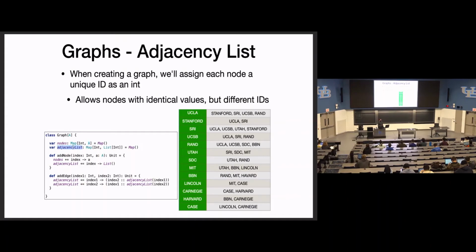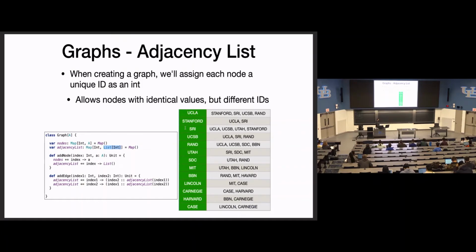And then our adjacency list is going to work with those ints. We're not going to work with anything of type A. The only time we work with anything of type A is when we need to go to that node map and say, hey, I got this ID, it's an int. Can you tell me what value is actually associated with this thing? And then that map will say, oh yeah, it's this thing of type A. So everything else is going to be an int. The adjacency list is going to be a map of ints, the IDs representing the nodes, to a list of ints, the IDs representing that node's neighbors.